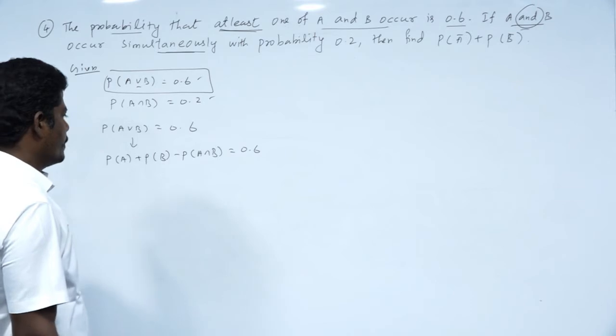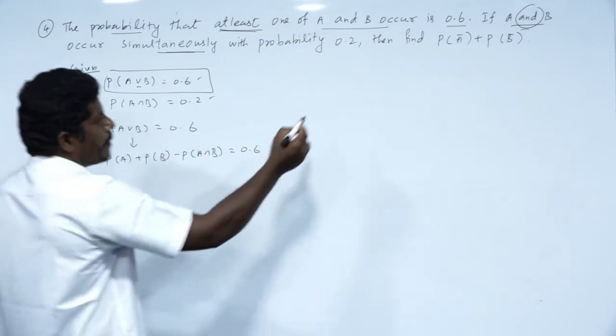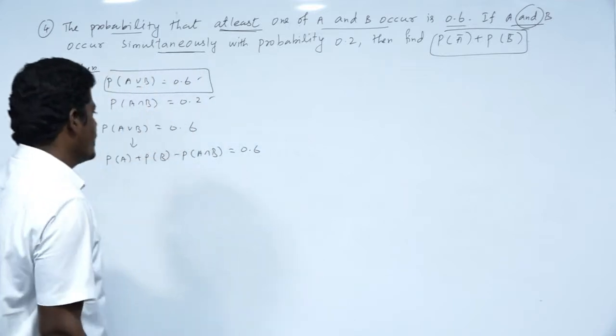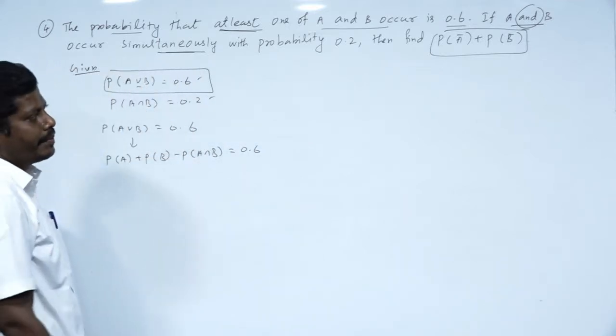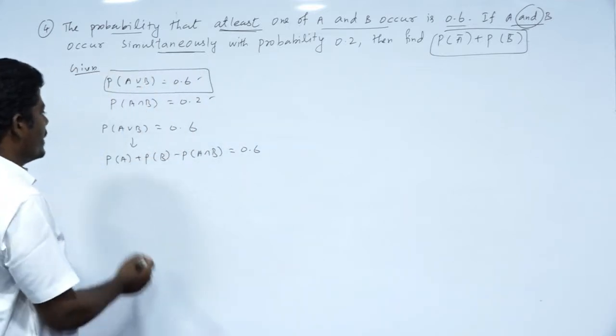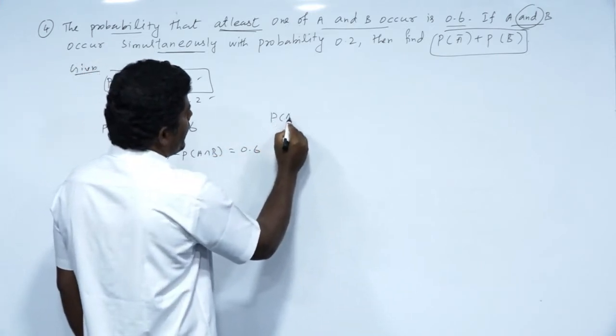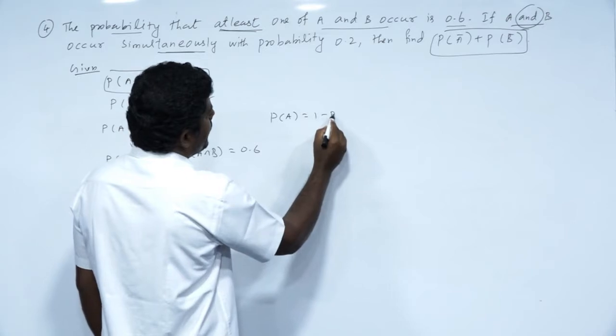Here there is no probability of A bar plus probability of B bar, but probability of A can be written in terms of A bar.